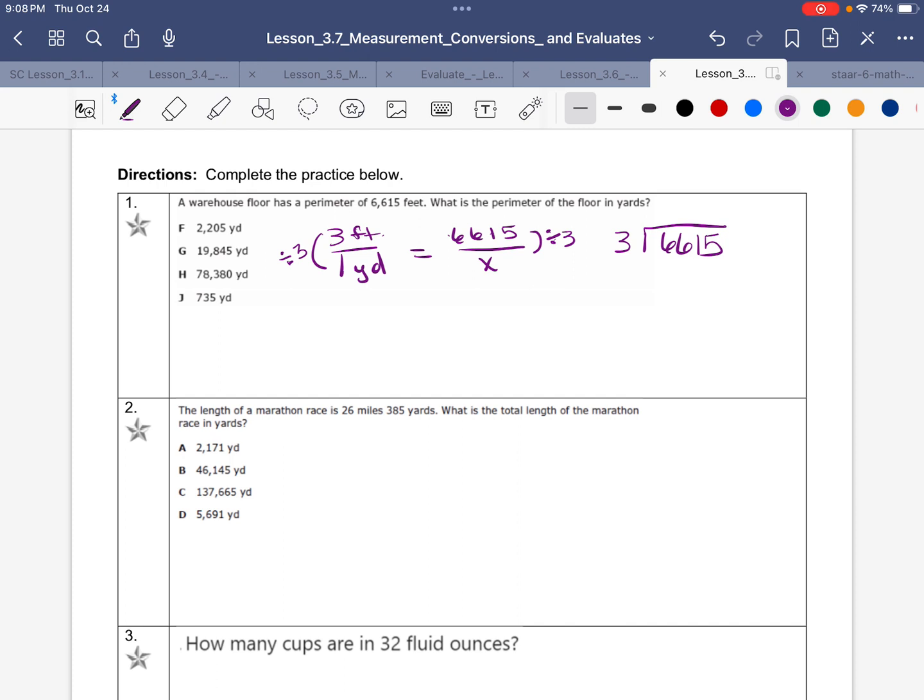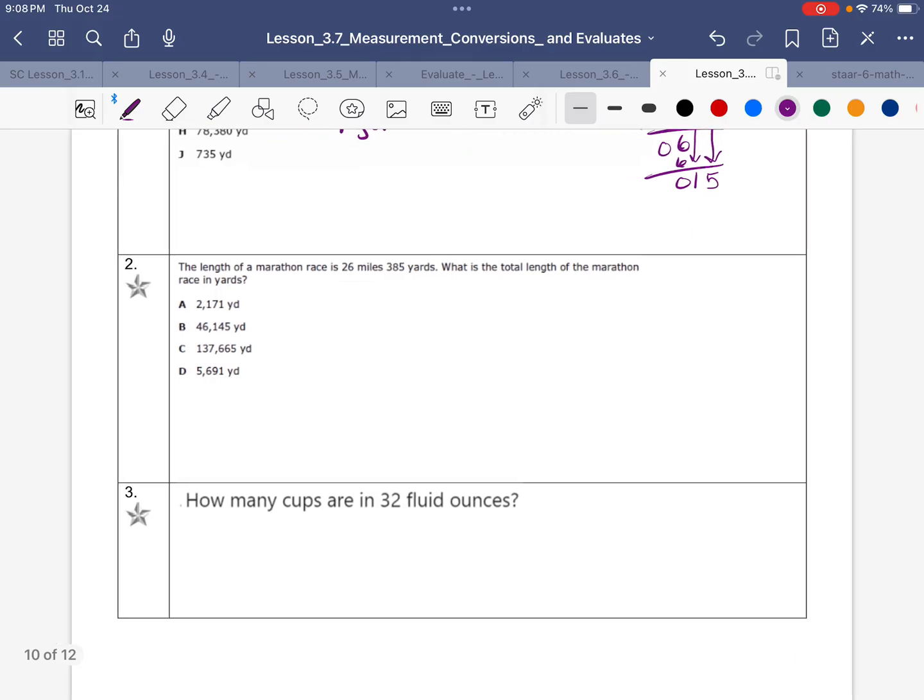So this is 2 groups, 6, 0, bring down your 6. That's another 2 groups, 6, 0, bring down your 1. Can't do anything with that, so that's a 0. Bring down your 5. And then we got 5. So 2,205. Here you go. Yards.